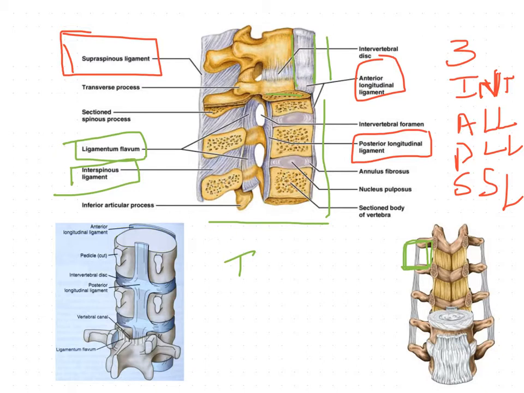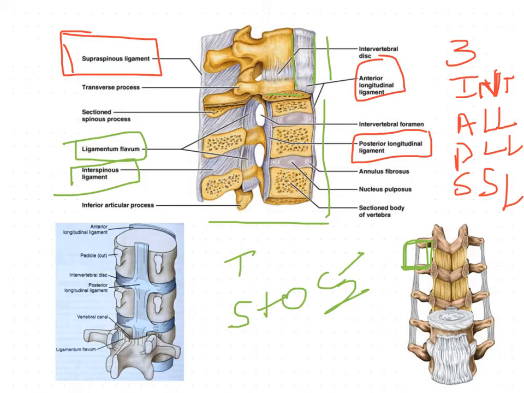It starts from the sacrum and goes up to the second cervical vertebra, C2. Okay, from C2 it extends to the occiput, and it is called the anterior atlantoaxial ligament. That one we are going to discuss in the cervical spine.